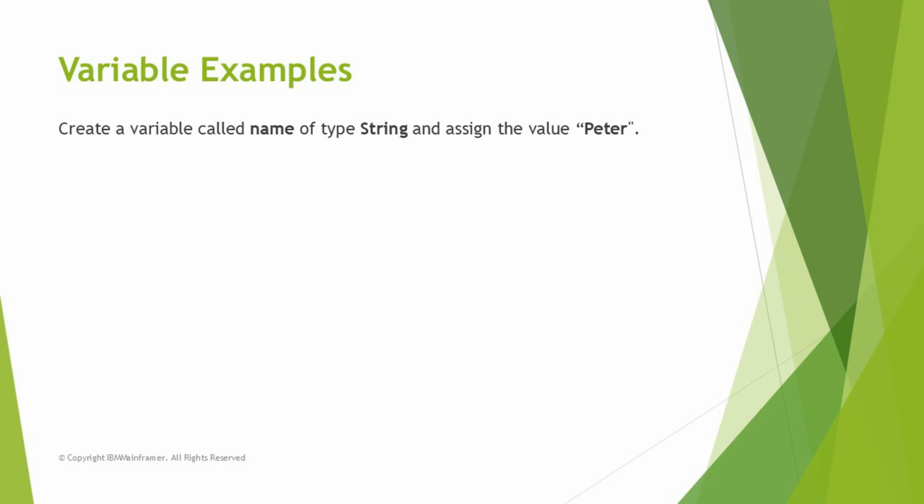For example, if you want to create a variable called name of type string and assign the value Peter. Peter is a word, so it should be defined within double quotes. The type is string, name is the variable name, then we assign the value using the equal operator, and Peter is the value assigned to the variable name.